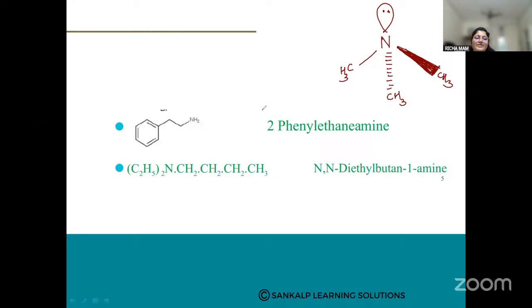Now here, when you see this is an amine, in amine the central atom present is nitrogen, and this nitrogen is sp3 hybridized because the bonds are single bonds.